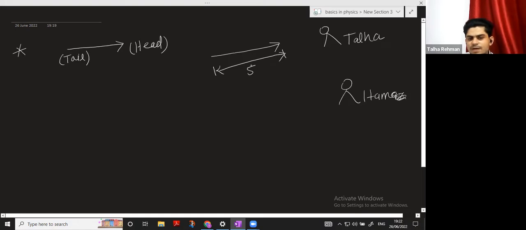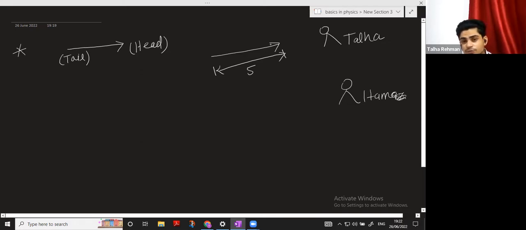So if someone asks where this arrow is going, towards Talha or towards Hamza, he or she can easily say this arrow is going towards Talha, because he knows the direction of the arrow.